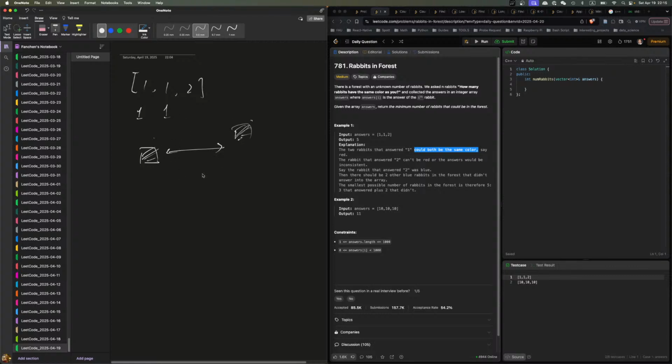And the rabbit that answers 2 can't be red, because if it's red, then we have 3 in the same connected graph. Yeah, kind of see what it's trying to do, right? So it cannot be, so it has to be by itself, which means it has to have 2 other blue rabbits, so we have 3.